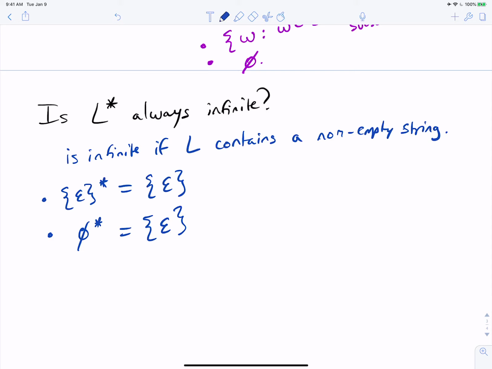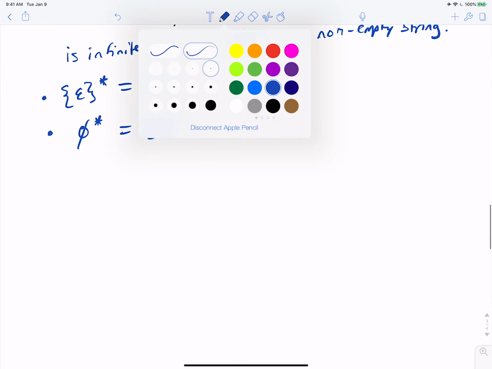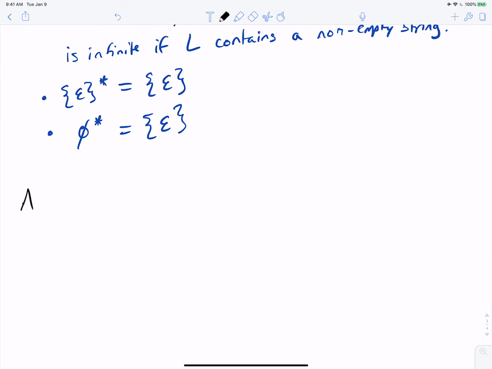So are all infinite languages non-regular? Also a good question. So let's think about that. Are all infinite languages regular? Because we've done as an exercise, I forget where, we showed all finite languages are regular.